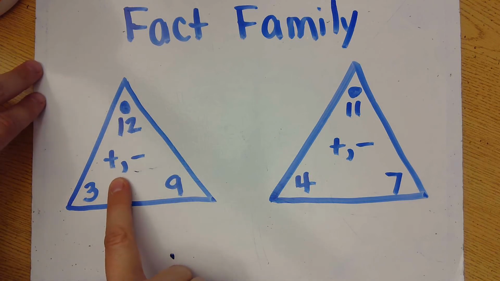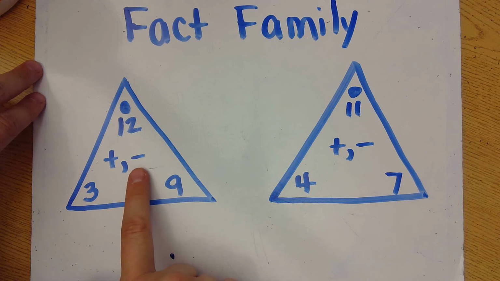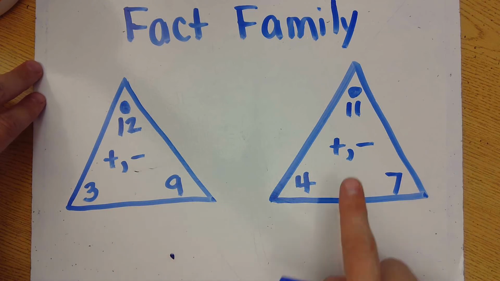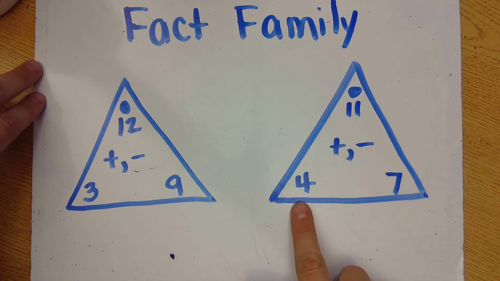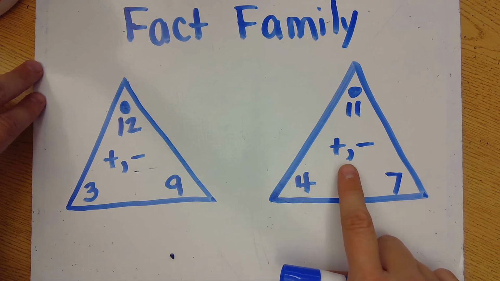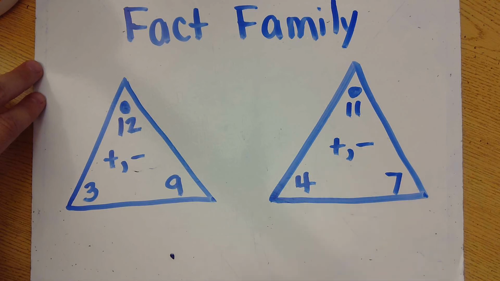Don't forget to put your plus, comma, minus in the middle. In your second triangle, I would like you to put an 11 at the very top, a 4 on the left side, and a 7 on the right side. And don't forget your add, comma, minus in the middle.